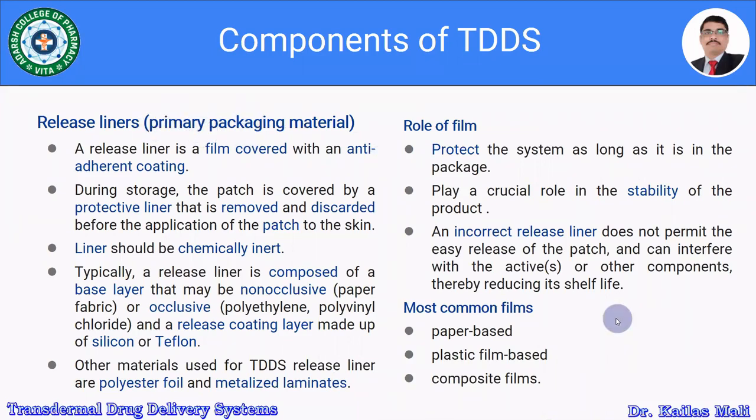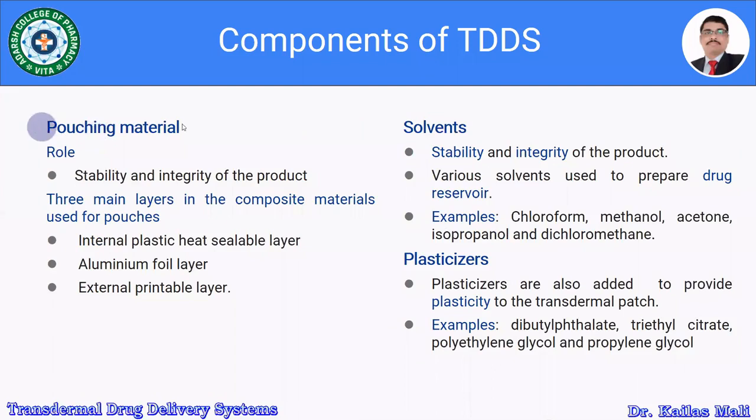So we are going to discuss the secondary packaging and some miscellaneous excipients which are required to prepare the polymer matrix or the drug polymer reservoir. Pouching material: the role of pouching material is to provide the stability and integrity of the product.